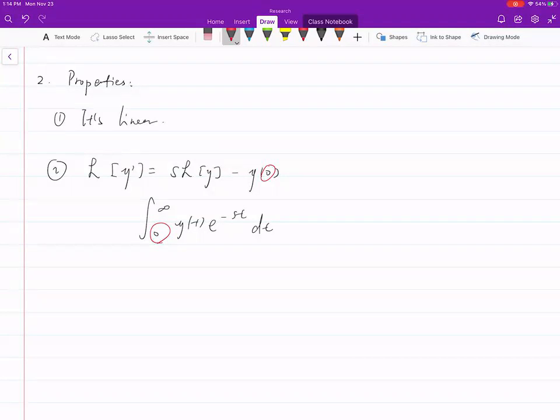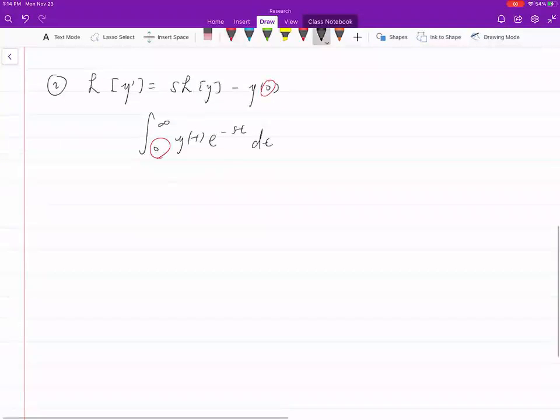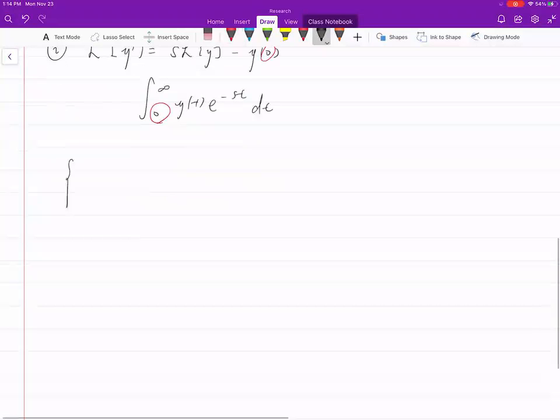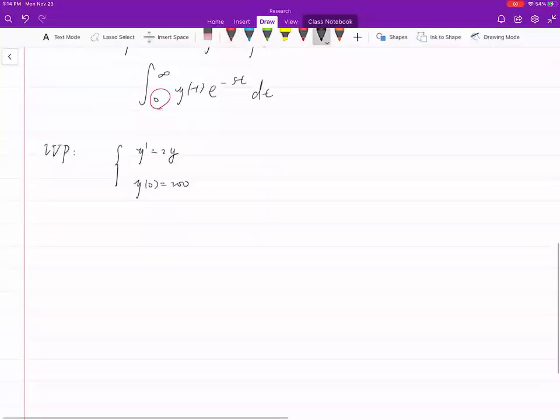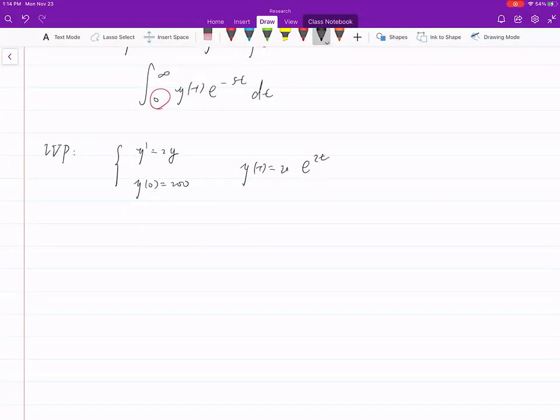Okay. With these two in mind, we try to solve a differential equation. Actually, not a differential equation, an initial value problem. y prime equals 2y, y0 equals 200. Okay, the answer is going to be y(t) equals e to the 2t times a constant, and with the initial value, we know it's 200 times e to the 2t, which is great.